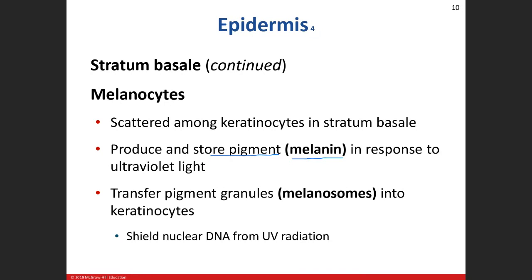So the stimulus for these cells to produce more and to share is going to be that ultraviolet radiation. Once it gets exposed, it will transfer the melanin through the melanosomes to the neighboring keratinocytes. And then those neighboring keratinocytes are going to take that melanin and just smear it all over the nucleus.